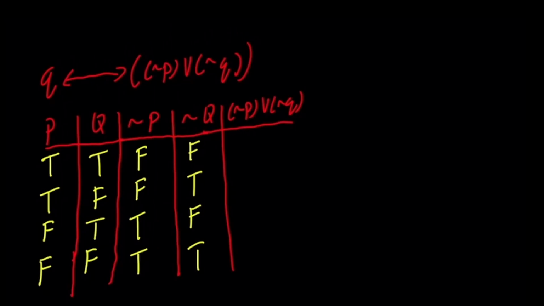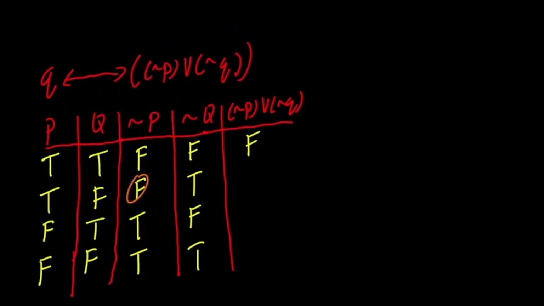We have false for not P in the first row, and false for not Q in the first row as well. What does that mean? It's gonna be false. Because they're both false, and neither of them has the true value. Okay? So let's go down one more row.